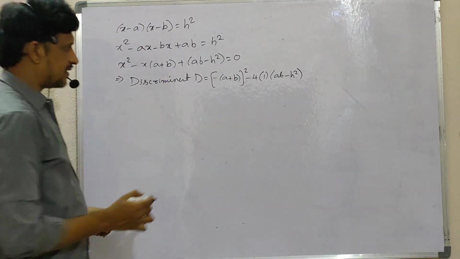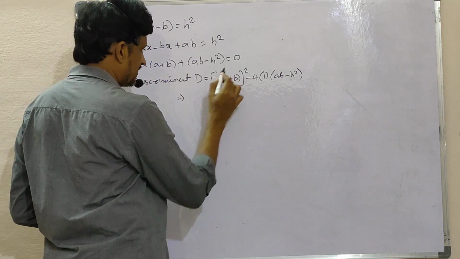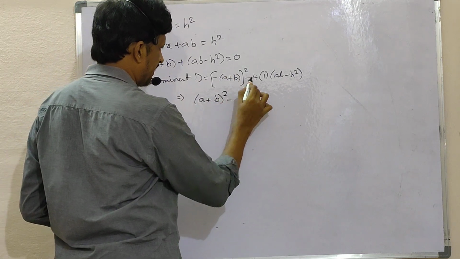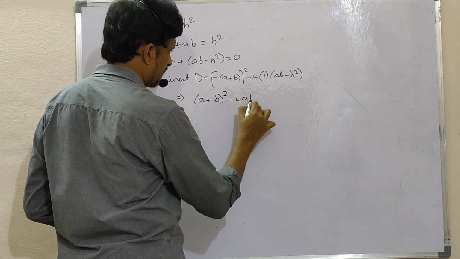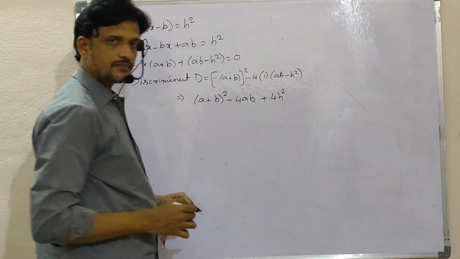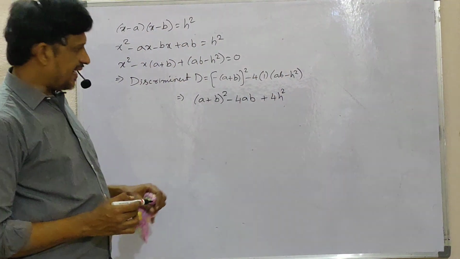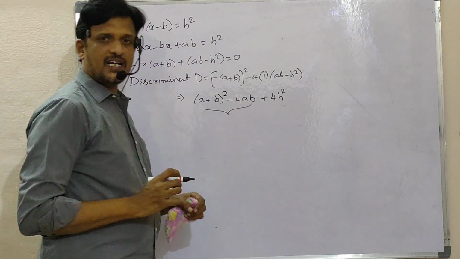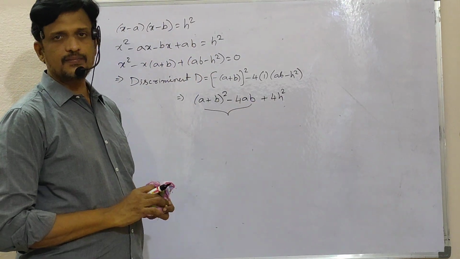This is the discriminant. Minus the whole square gives positive, that is why it is a plus b whole square minus 4 into ab, minus of minus plus 4 into h square. So here it is a plus b whole square minus 4ab. Consider these two terms together.